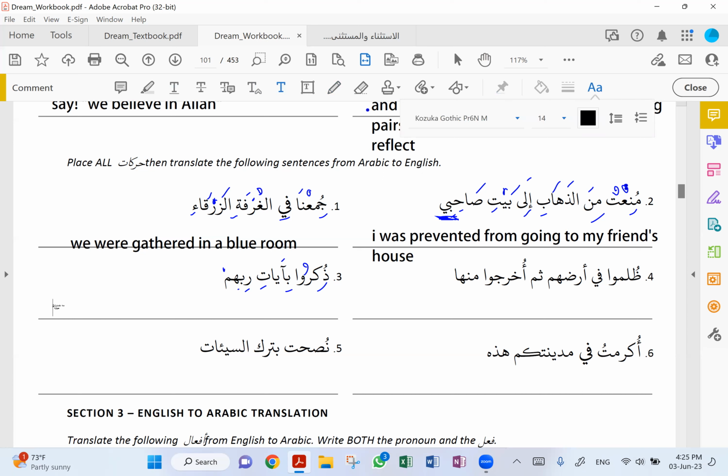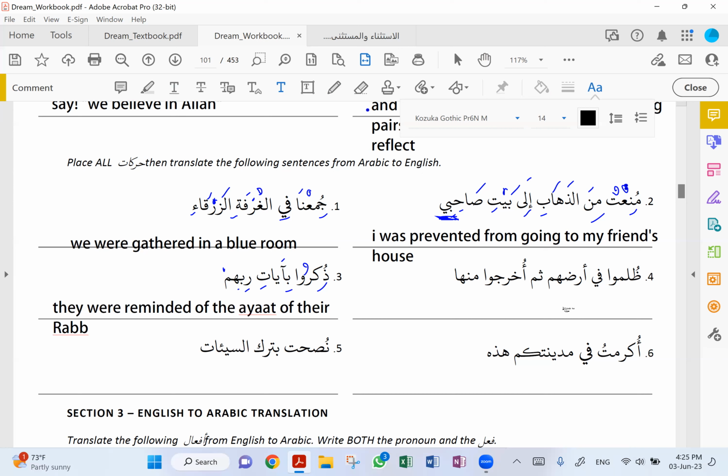So they were remembered. Reminded, or reminded or remembered. Yeah. Ayat, reminded of the signs of their Lord. I'm just going to say Rabb because Rabb is such a big word.